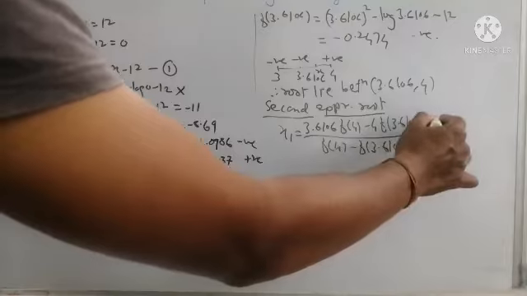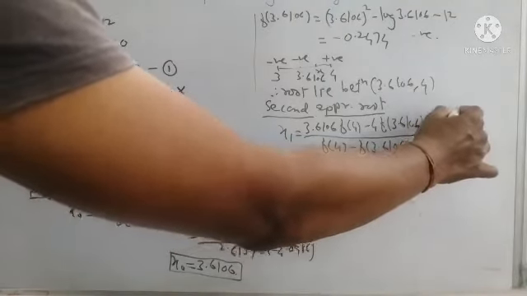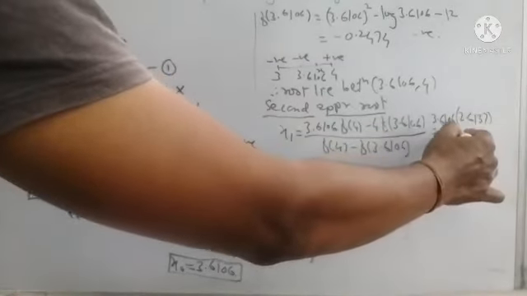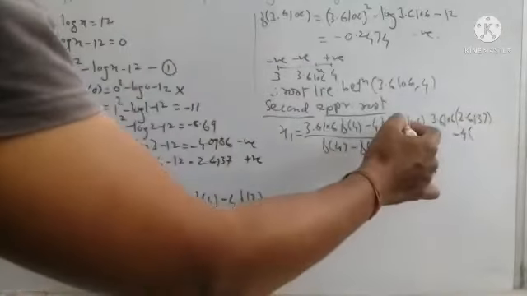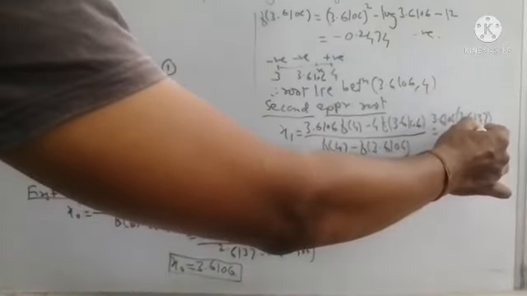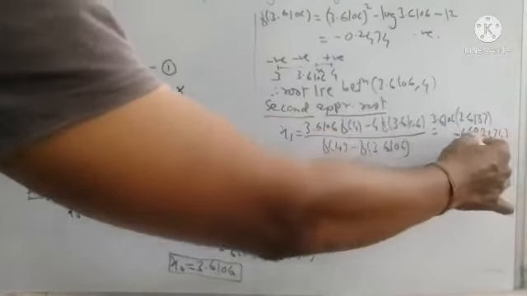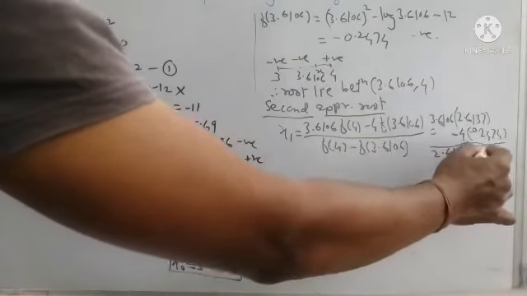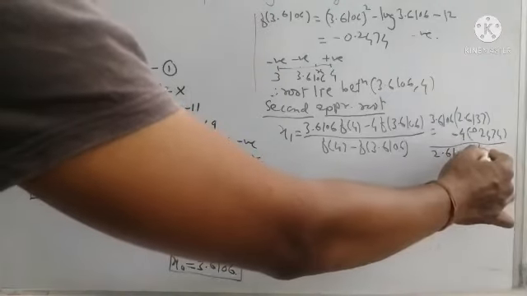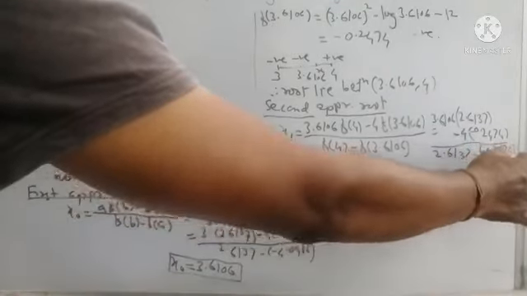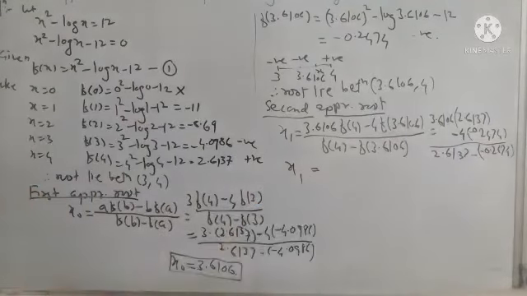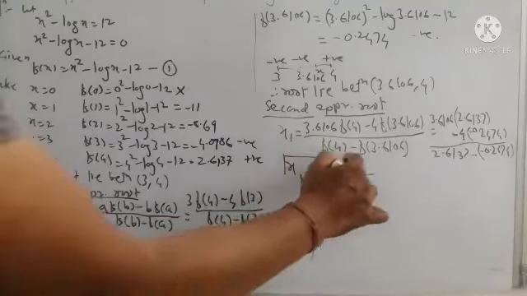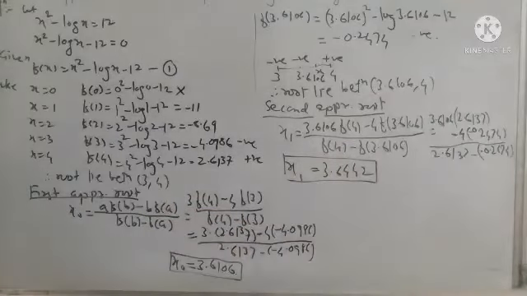Now putting in the values, 3.6106 multiplied by the function at 4, which is 2.6137, minus 4 multiplied by the function at 3.6106, which is minus 0.2474, divided by the function at 4, 2.6137, minus the function at 3.6106, minus 0.2474. Now using a calculator we get the value of x1 as 3.6442. So the next approximate root is 3.6442.